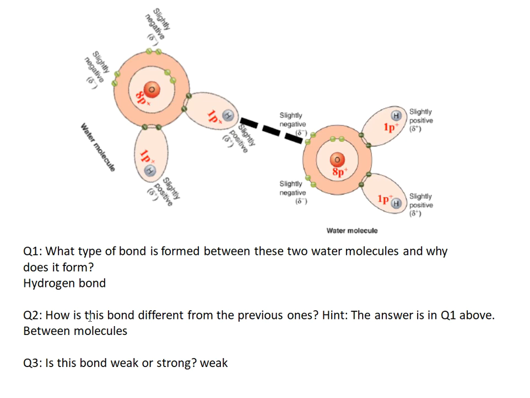Question 2 is, how is this bond different from the previous ones? So how is a hydrogen bond different from ionic and covalent bonds? Note that ionic and covalent bonds were bonds formed between atoms. This bond is formed between molecules, between one water molecule and another water molecule.